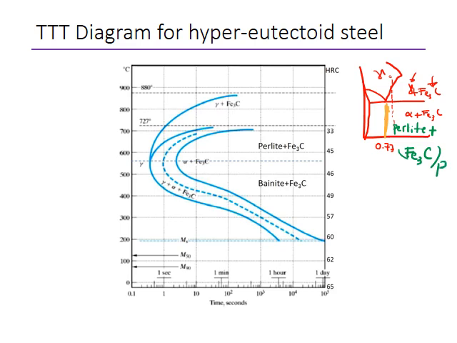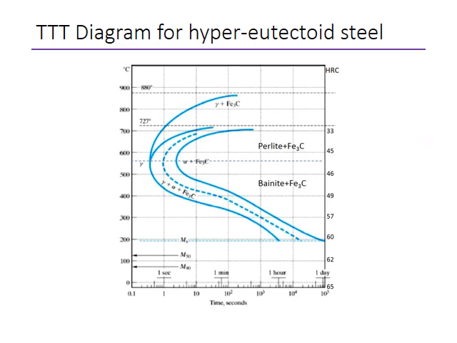Okay. This is 727 Celsius. So again, in this region, you prefer to use the phase diagram and the lever rule.